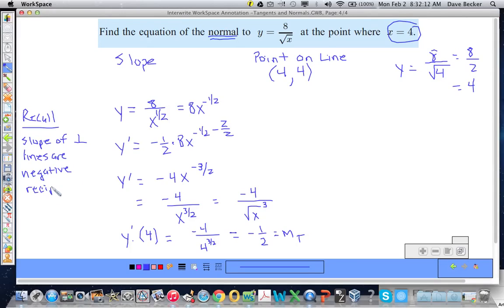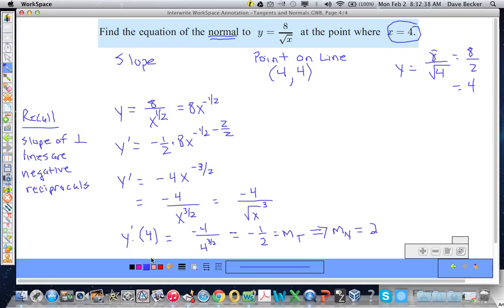So the slope of the normal is a negative reciprocal of the slope of the tangent. So that implies that the slope of the normal is equal to 2. Why? Because the reciprocal of 1/2 is 2 over 1 or 2, and it's the negative reciprocal, so if I take the negative of a negative, it becomes positive.